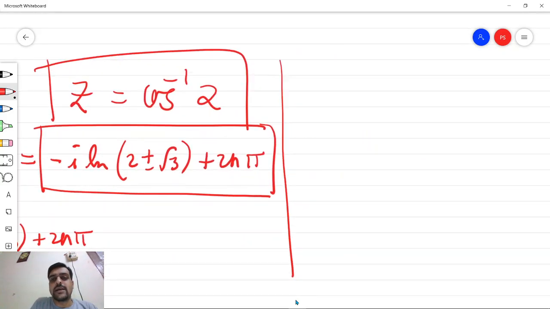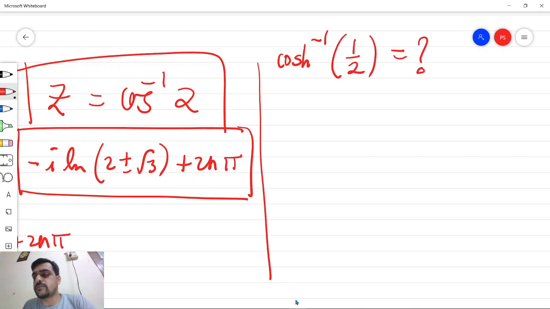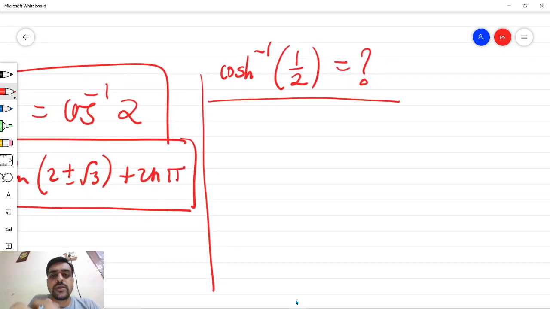Let us try another example where we are asked to find out a value of cos hyperbolic inverse of 1 by 2. We will follow the same route.